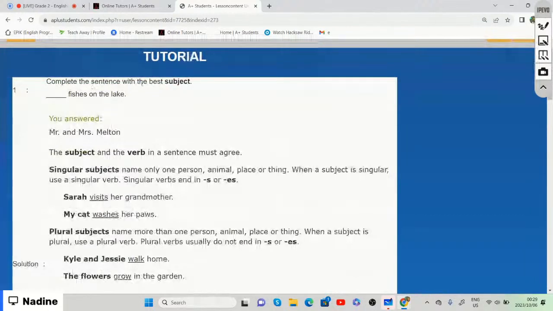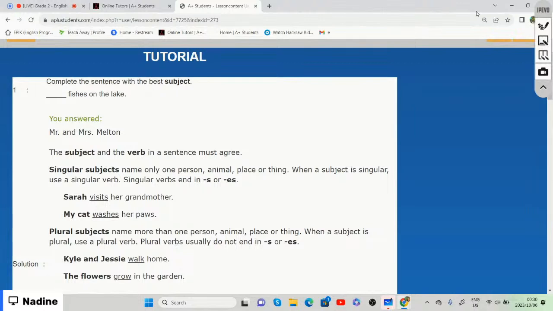All right, so now we're going to complete the sentence with the best subject. Fishes on the lake. We need to complete the sentence with the best subject. So we can say, Mr. Melton fishes on the lake.